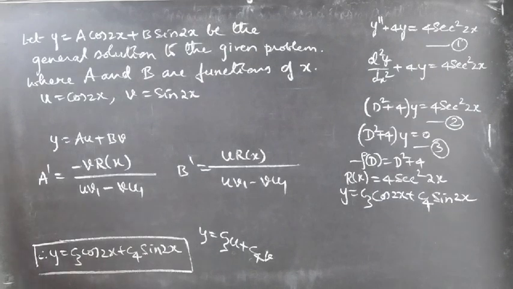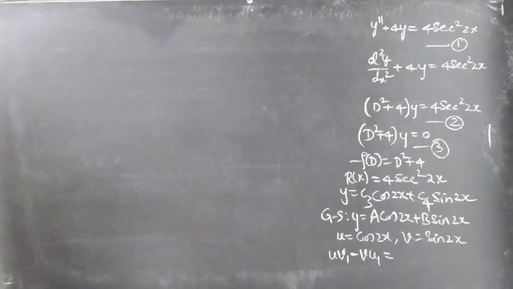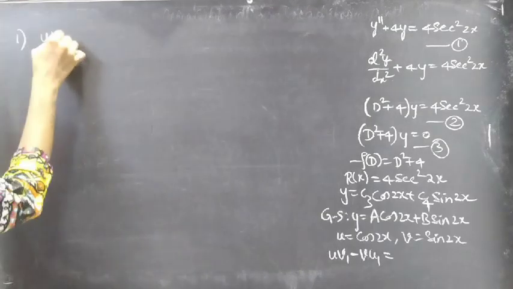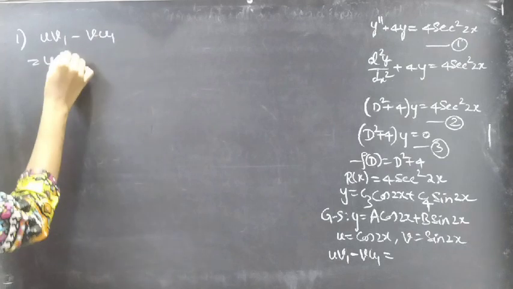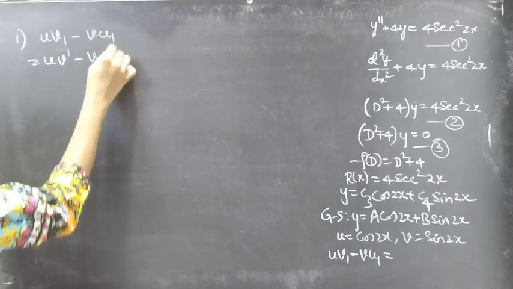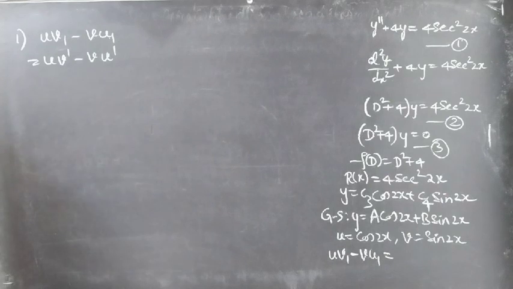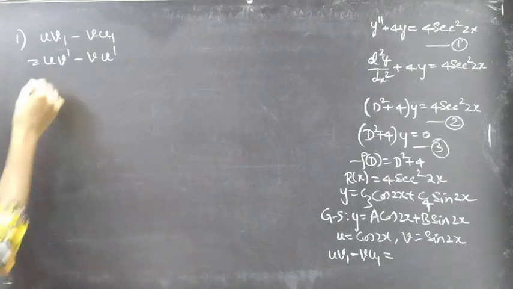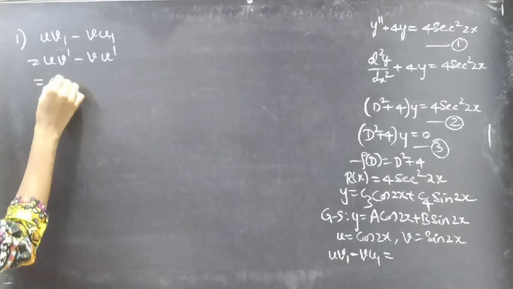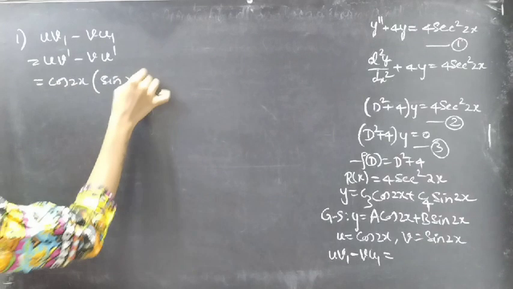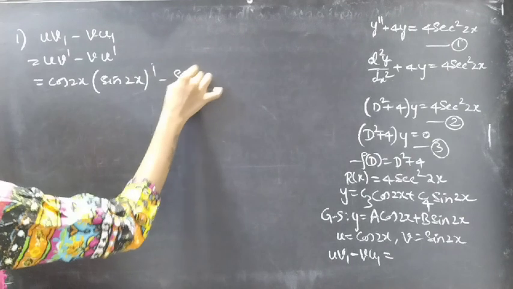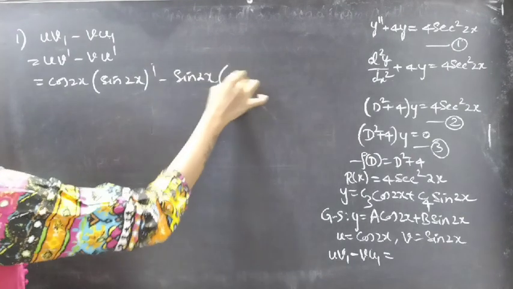Now coming to uv1 minus vu1. v1 is nothing but v dash, and u1 is nothing but u dash. u dash and v dash are derivatives of u and v. This is equal to u, which is cos 2x, into v dash, sin 2x dash, minus v into u dash, cos 2x dash.